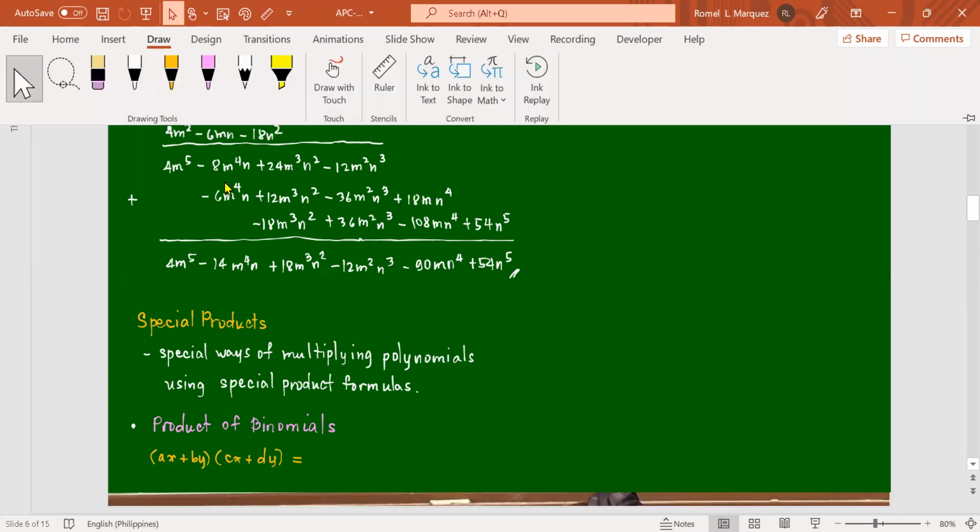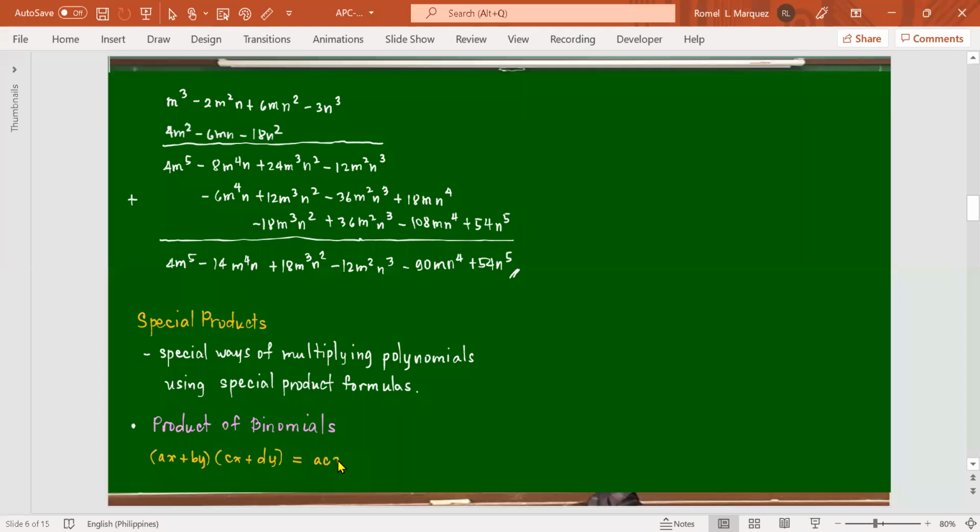What is the product, guys? acx squared, plus here we have ad plus cb or bc, and there is a common xy, and then finally, we have bd y squared. Am I correct, children?